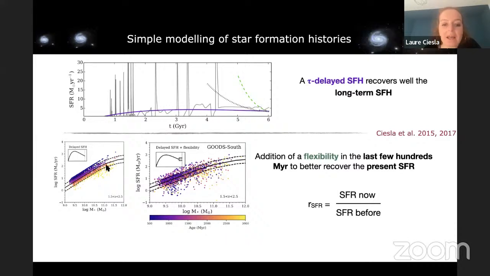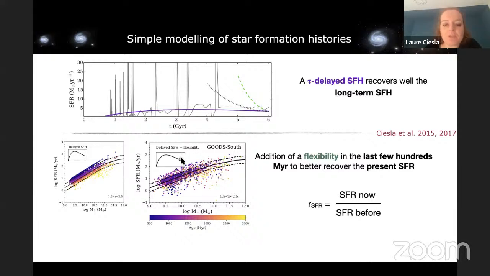But actually, this is a bias implied from your analytical model. If you take the delayed one and you allow for flexibility at the end of your model that you put in your SED modeling code, you see that this gradient of age completely disappears. So this means that there are some biases implied by this very simple function. So allowing this flexibility is one step to get rid of one of these biases.